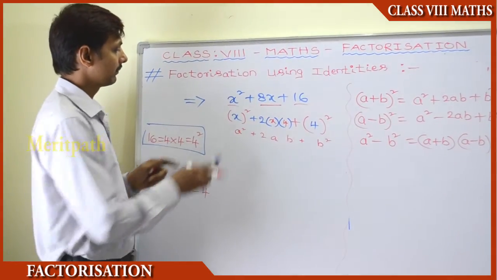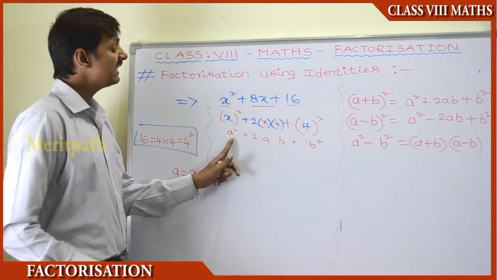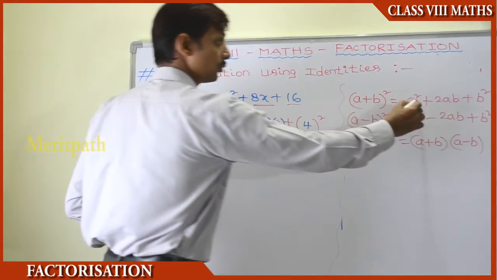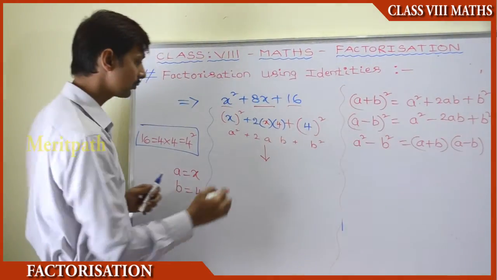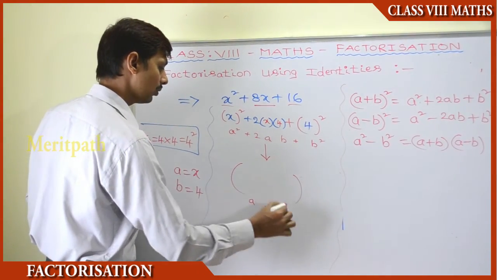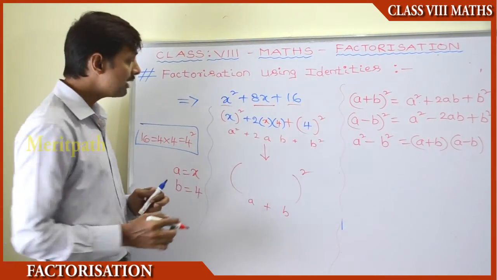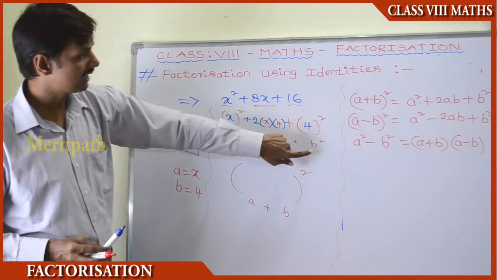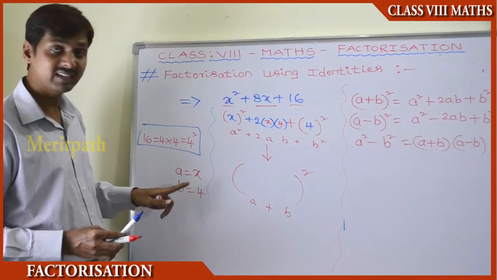Now we know that a square plus 2ab plus b square is a plus b whole square. So let's write a plus b whole square. We have taken the value of a as x and the value of b as 4.